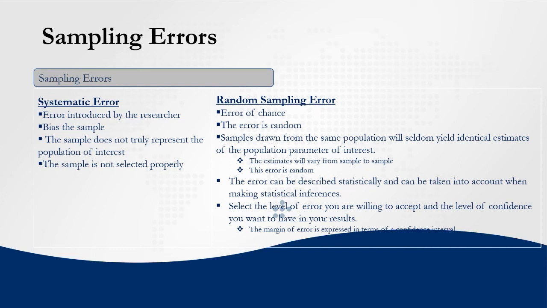With random error, they are by chance, they are just random. There will always be error. I mean, because we are not sitting together, if we were sitting together, maybe if there was age or weight associated to those children, those grade 1 to 7 learners, maybe we could compute the average.